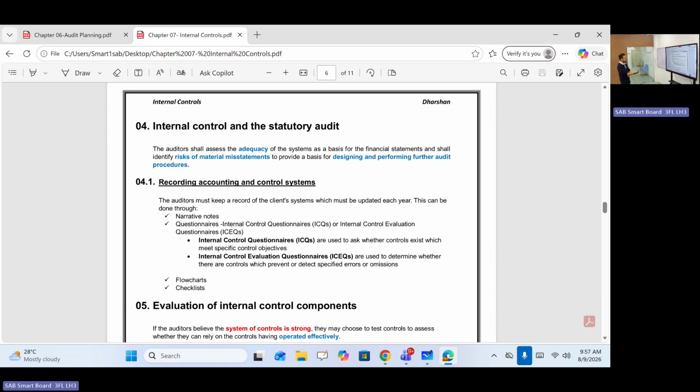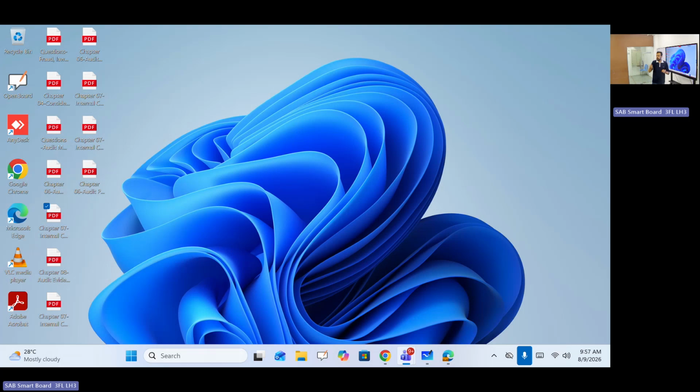So, take chapter 7. After that, we will come back to chapter 6, last part. In chapter 7 we discuss what is meant by internal control, what is meant by components, and what are the limitations of internal control. We will discuss that part and then come again to test of control.